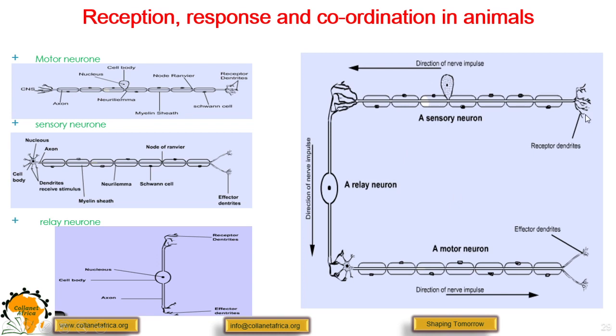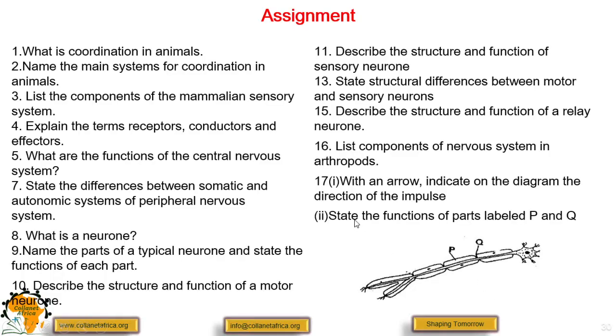We have receptor dendrites on the skin or on the sensory organ, and then it is transmitted through the sensory neuron, then to the motor neuron through a relay neuron, through small gaps called synapses. So that is the direction of the nerve impulse or information. We are done with the neurons.